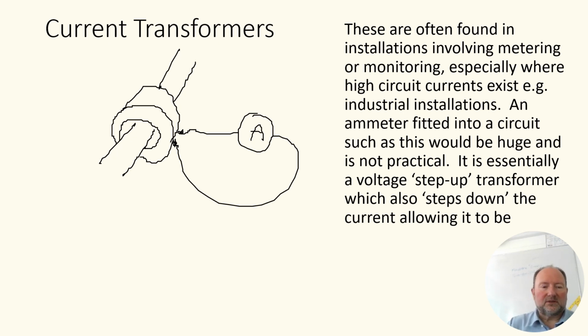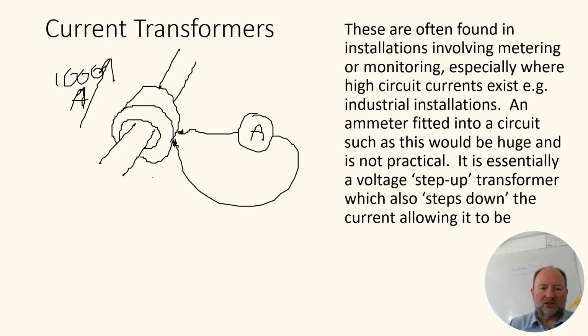Well, imagine if this was literally carrying 1000 amps. To measure the current in a circuit that's carrying 1000 amps is really quite impractical. The meter would be massive. But what we can do is install a CT, a current transformer.